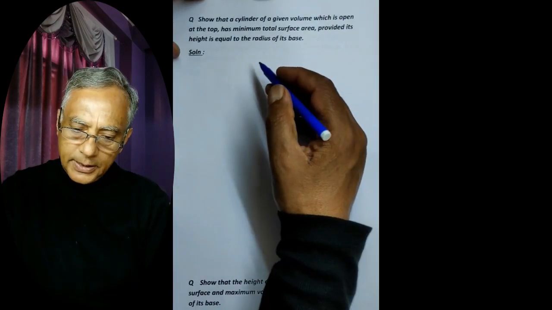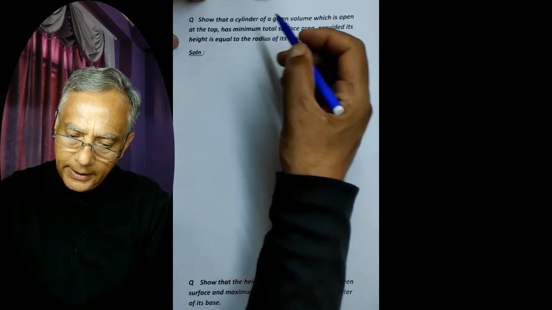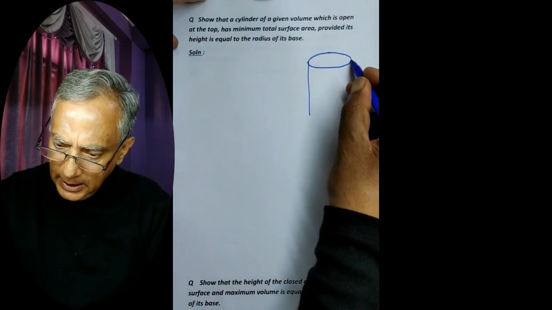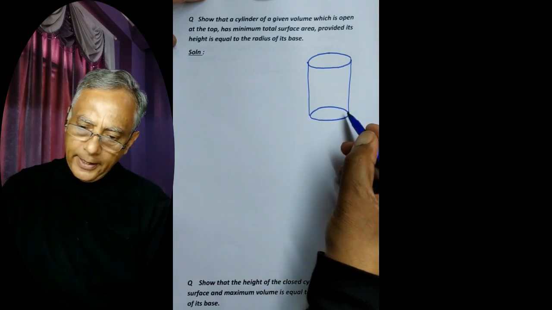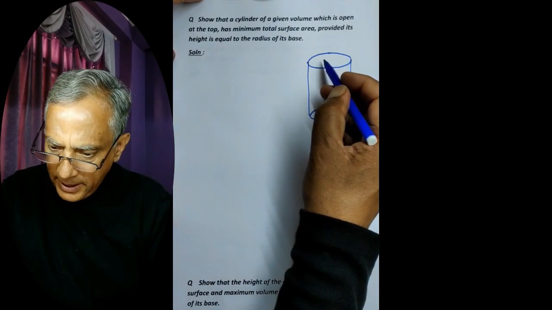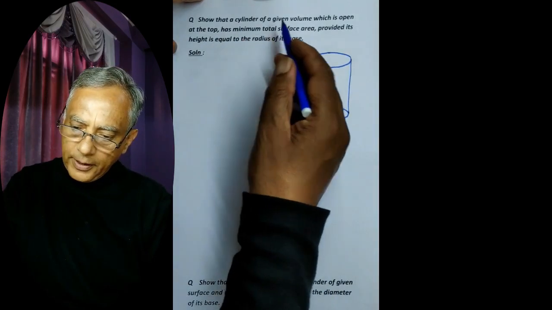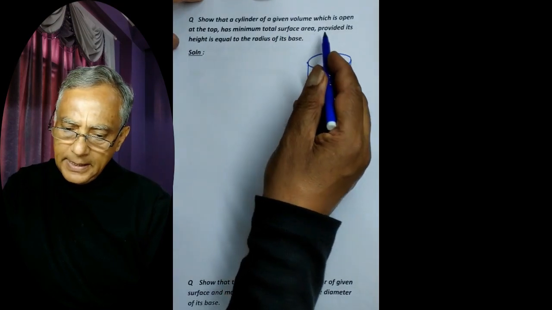Now next question is, show that a cylinder of given volume which is open at the top. Let this be the cylinder. This is open at the top. Show that a cylinder of a given volume which is open at the top has minimum total surface area.